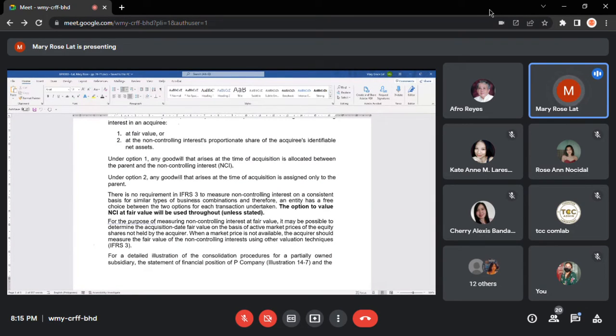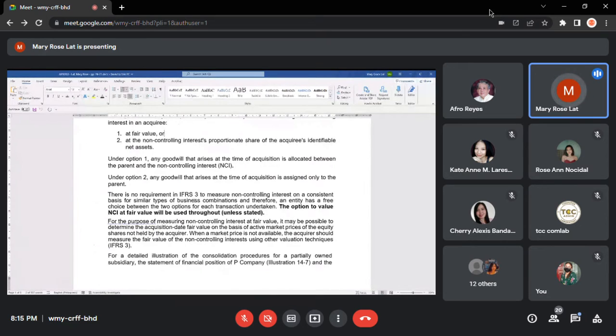There is no requirement in IFRS 3 to measure non-controlling interest on a consistent basis for similar types of business combinations, and therefore, an entity has a free choice between the two options for each transaction undertaken. The option to value NCI at fair value will be used throughout unless stated.